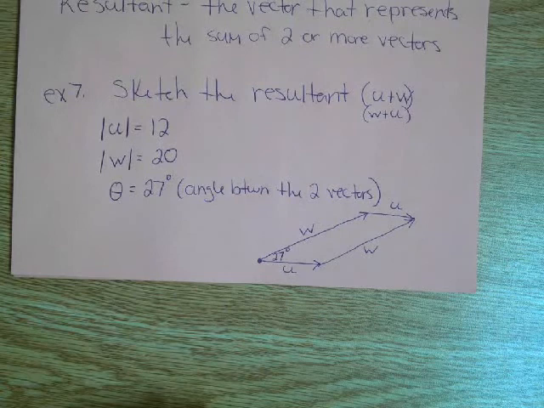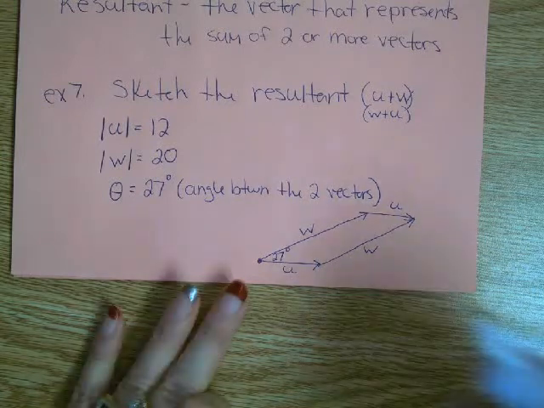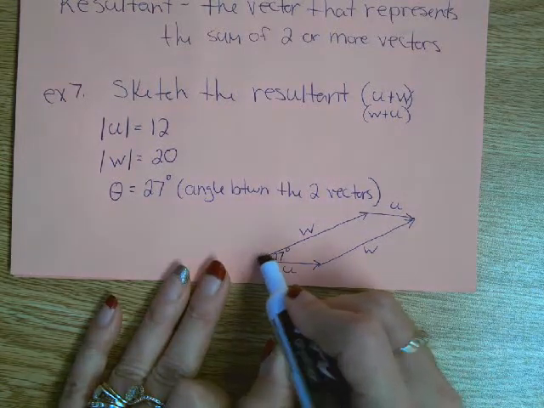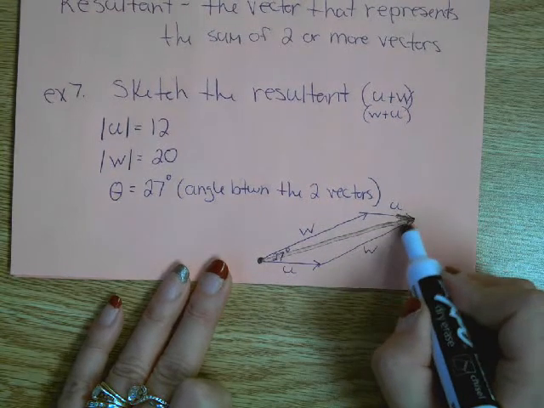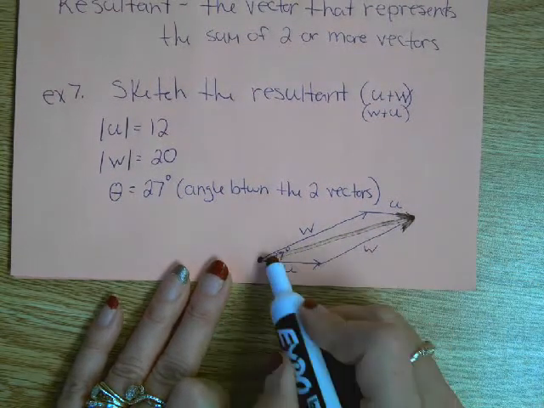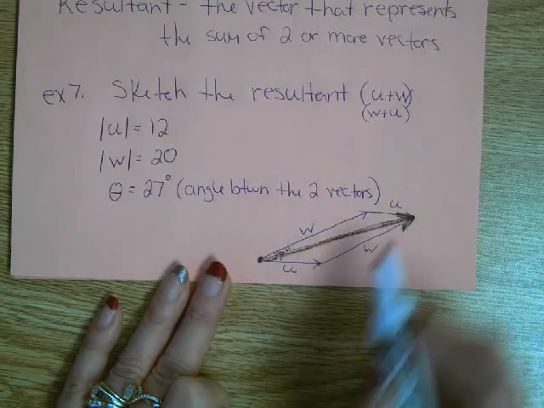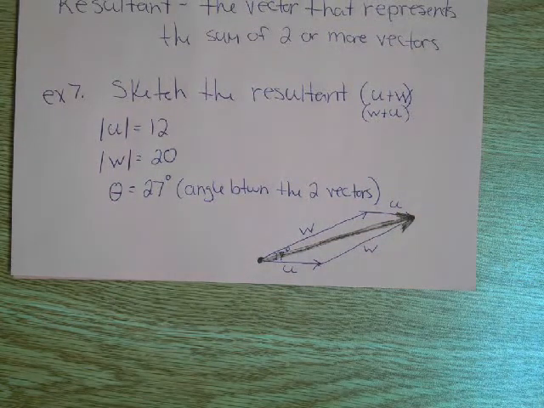Makes a nice little parallelogram. So where's the resultant here? The resultant starts at the crate and goes all the way across, right there. There's the u plus w vector.